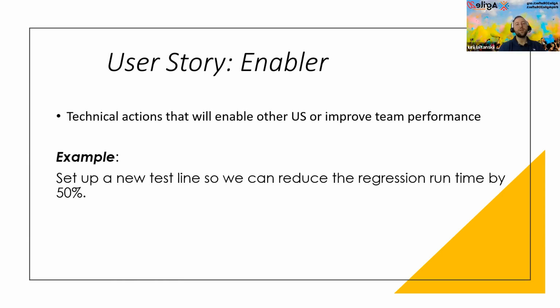Yes, that's correct. What you need to do is identify the dependencies. When you identify the dependencies, you'd be able to easily identify what's an enabler and what's not. It could be a separate user story with no dependencies at all. That's okay.